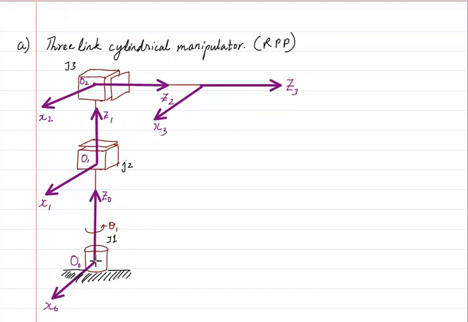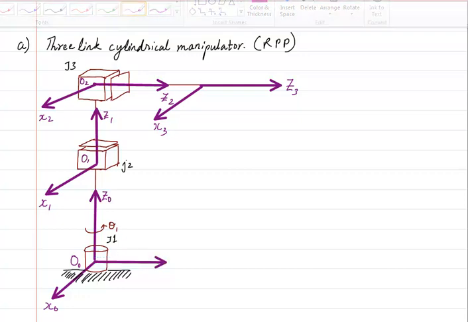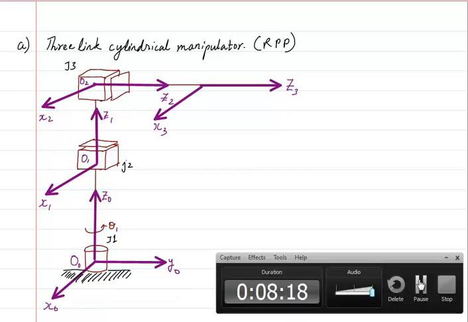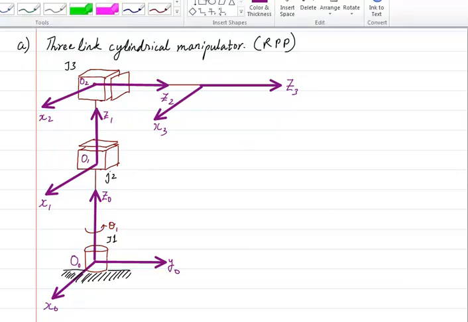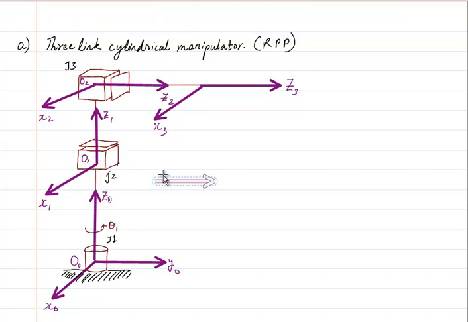So the Y axis obviously will come here. So let me draw that. So that is going to be my Y0 axis. Similarly, let me draw the other Y axis that I have to draw for the second frame. So this is going to be my Y1.